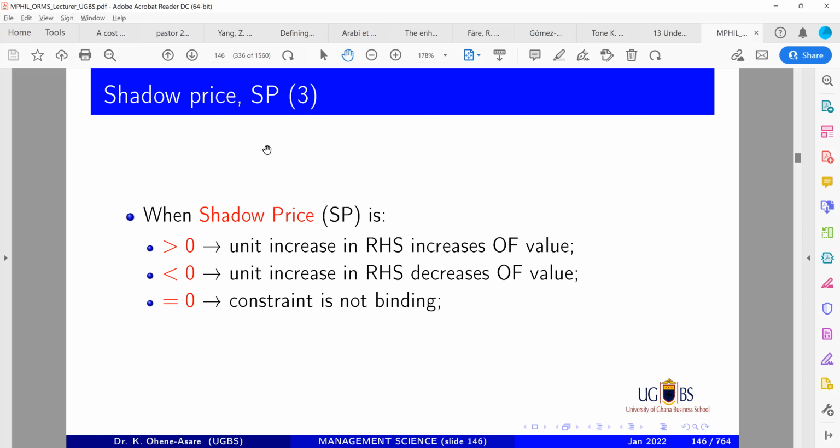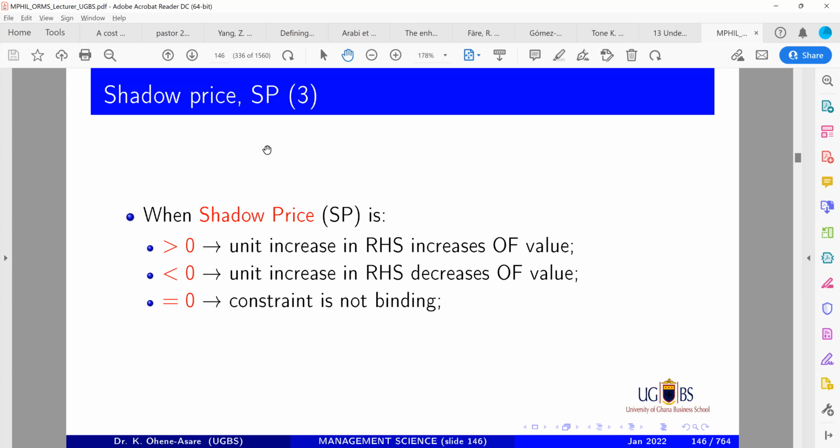Remember, I said it earlier, that when the constraints are binding, there are 4 things that become relevant for you to know that constraints are binding. 1, the right-hand side and the left-hand side are the same. 2, the usage and available are the same. There are no slacks. There are no wastages. There are no inefficiencies. And there's a zero shadow price.